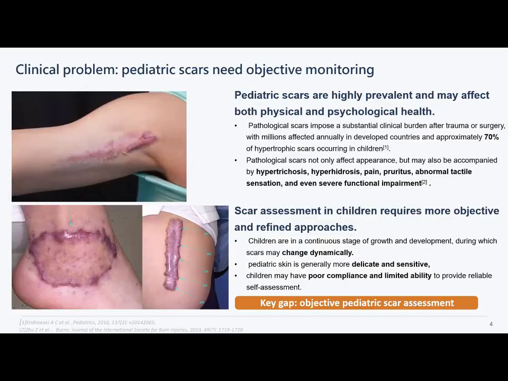So I go back to our clinical problem. Pediatric scars need very intensive and objective monitoring. This is not as severe as I showed before, and most of them are after surgery, like after nevus removal.